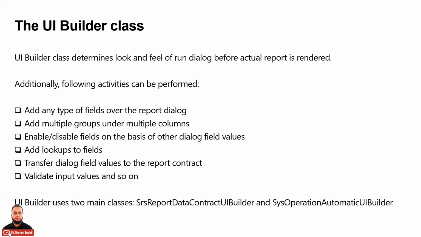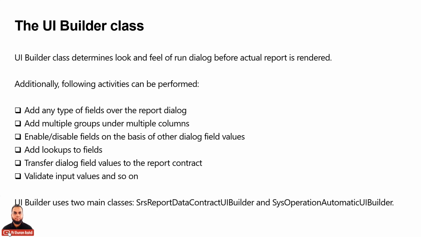And then we can also validate the values which are input in our UI builder in our run dialog. For example, if there is a date range with from and to date, and the end user enters a past date as the to date, we can validate that the to date cannot be older than the from date.